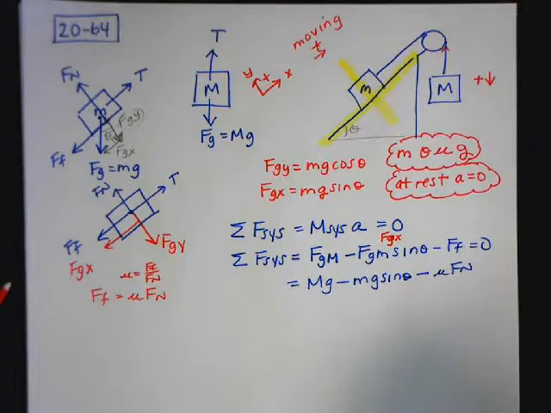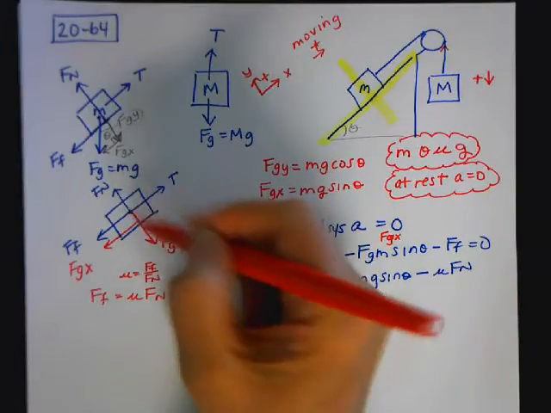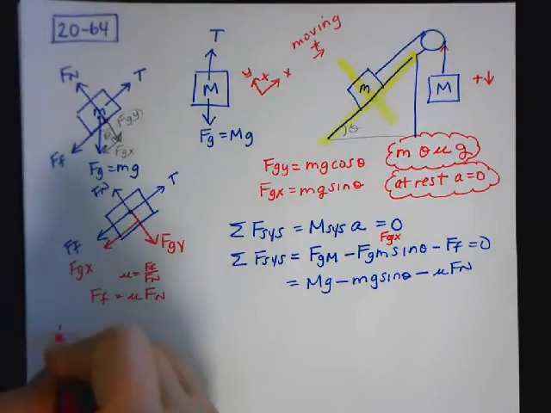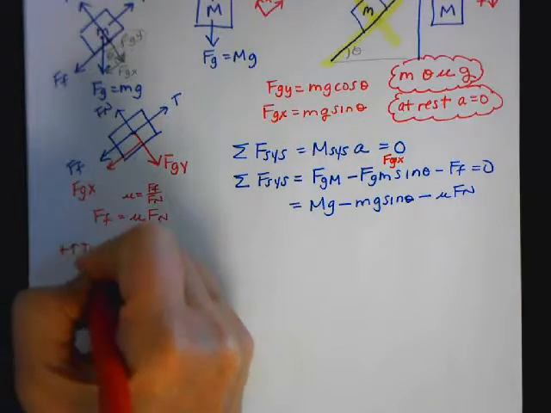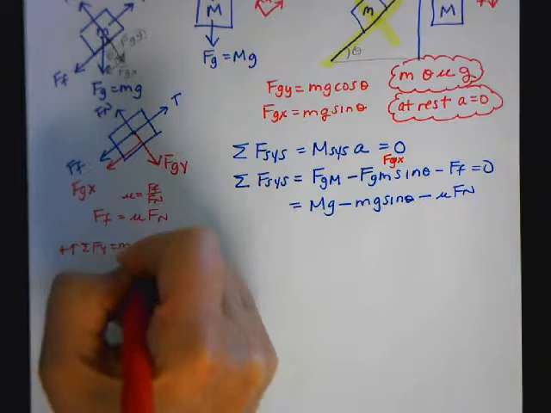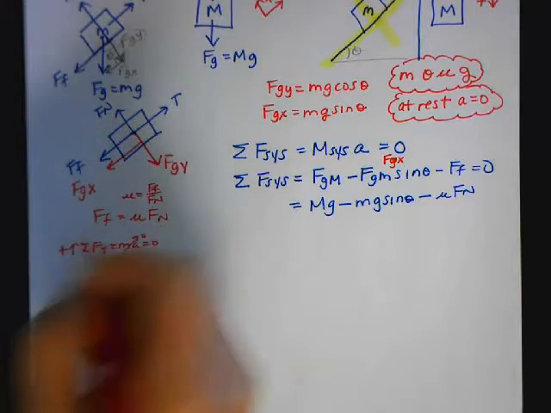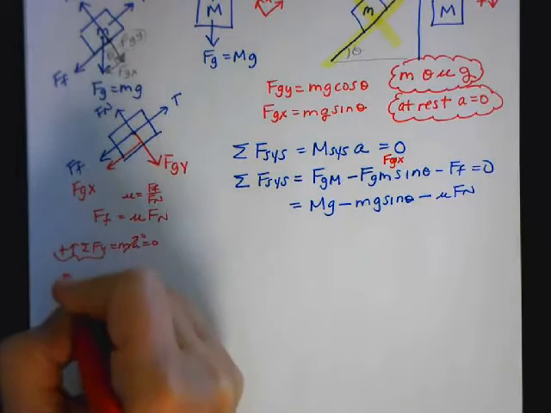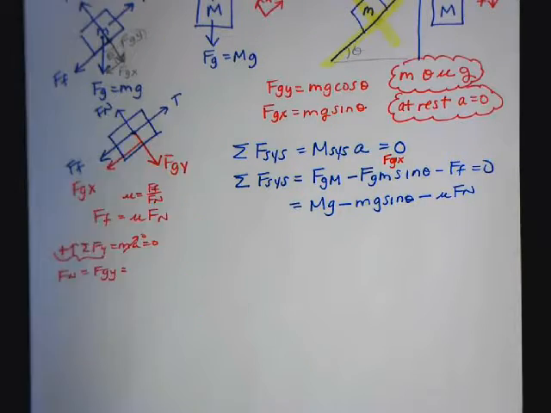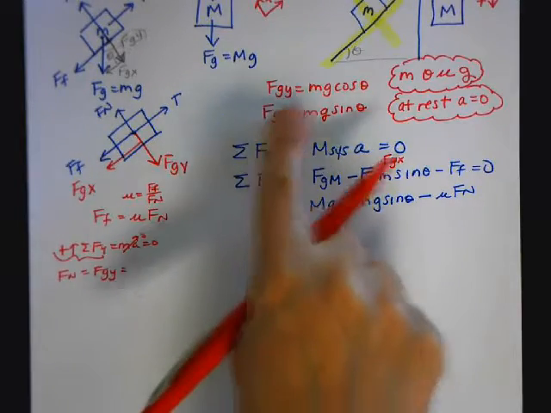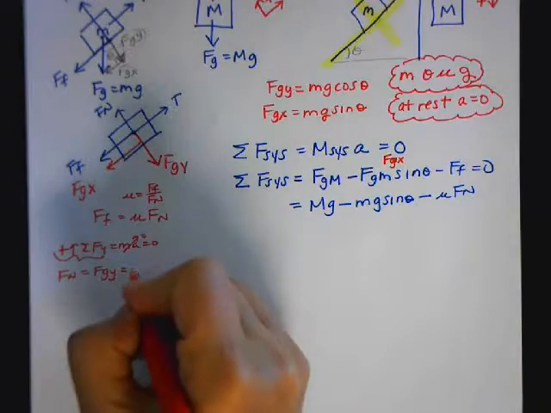But what is f of n? Well, I can also do to the side here, if I sum forces vertically, and I'll do it real tiny over here, summation of f of y is equal to ma, which is equal to 0. So now I'll say that f of n is equal to fgy. So f of n is equal to fgy, which is equal to, up here, mg cosine theta.